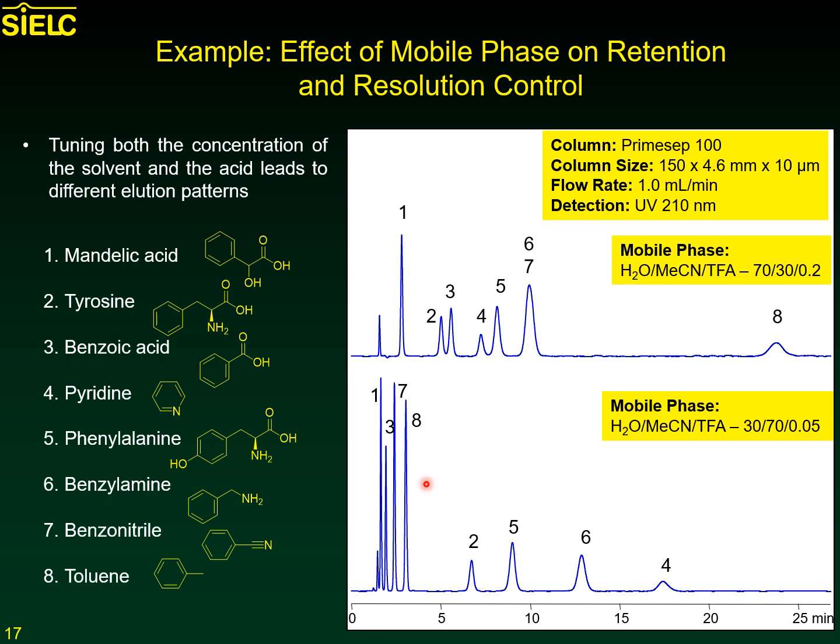Compounds that above were able to elute far from one another, such as mandelic acid and toluene, now elute at very close retention time and as very sharp peaks. However, other compounds that were previously close together, such as the tyrosine and benzoic acid, are now further apart and differ greatly in their interaction with the column.